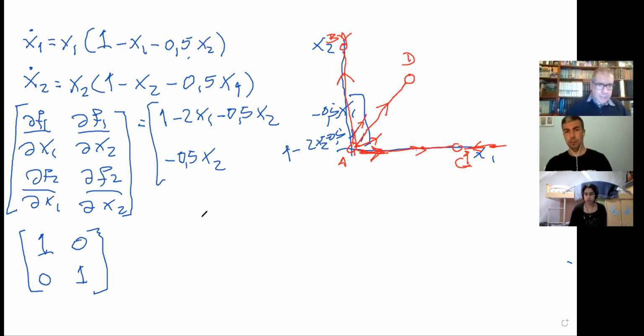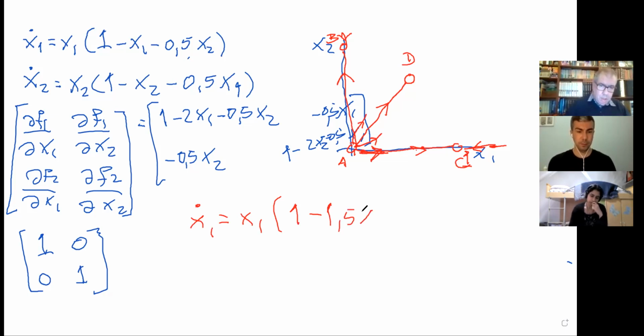You have x1 dot is equal to x1 times what? Now, x2 is equal to x1. So this becomes 1 minus 1.5 x1. And the other becomes, using the same argument, x2 times 1 minus 1.5 x2.